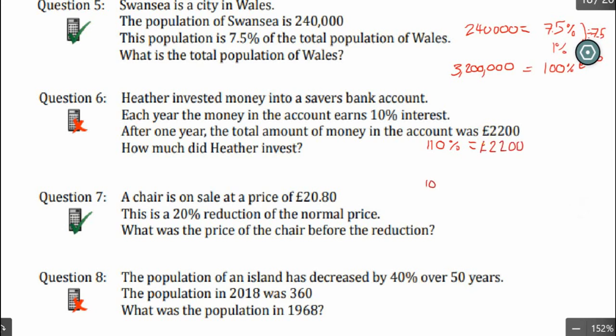So if we get back to 100%, here we could divide by 110 to find 1%, or we could divide by 11 to find 10%. Dividing this by 11 would give us £200. So 100% times by 10 would give us £2,000.